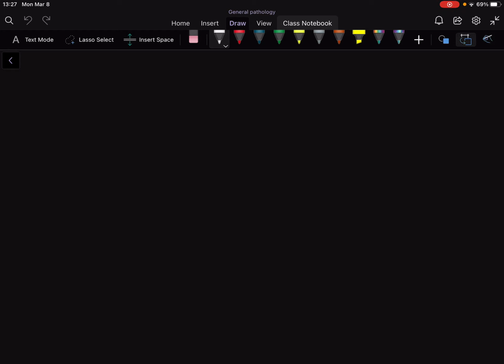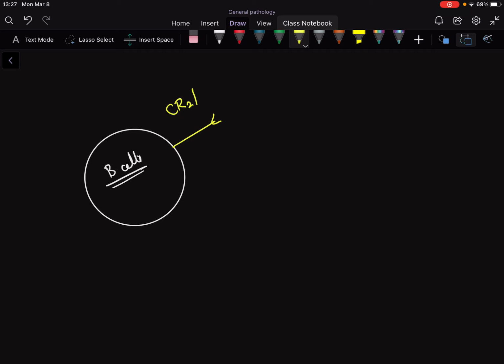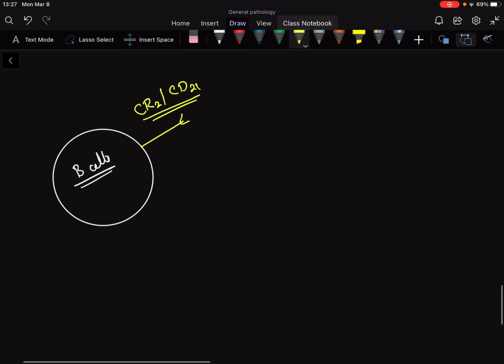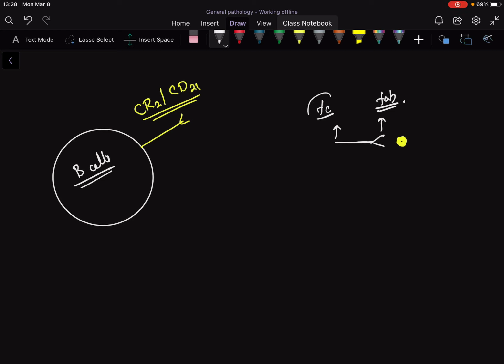So suppose this is the B lymphocyte here, or B cell, and it has this complement receptor 2 or CD21. Suppose there is a virus or a bacteria here, and we have produced antibodies against it. So these are the antibodies. This part is called the FAB portion of the antibody, and this part is called the FC portion of the antibody.